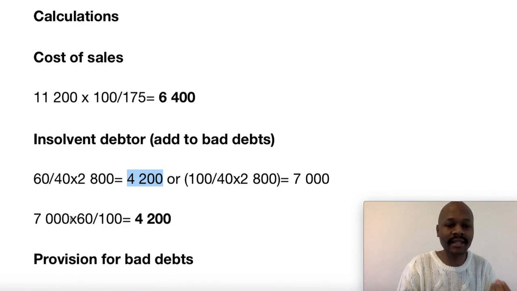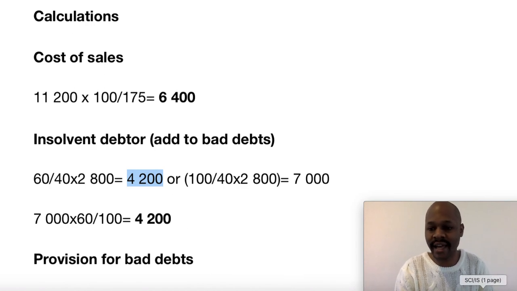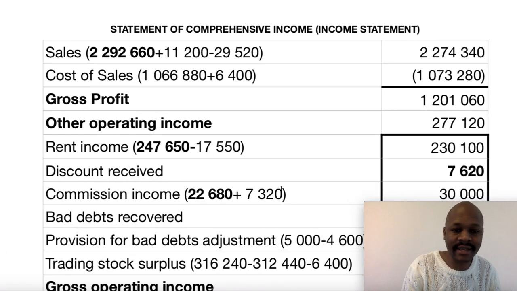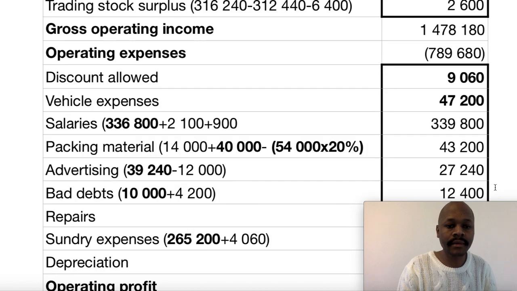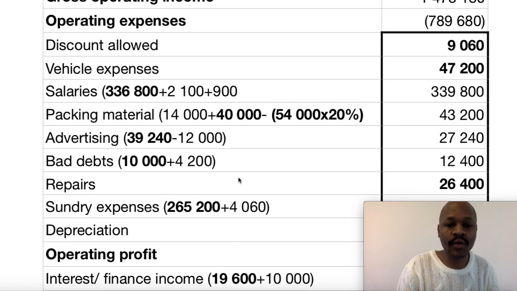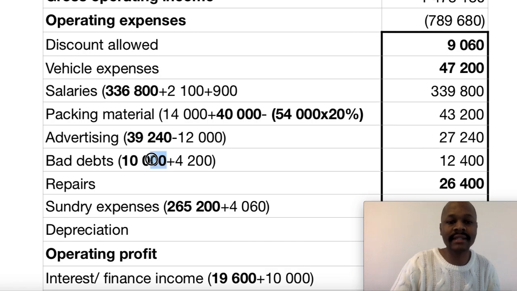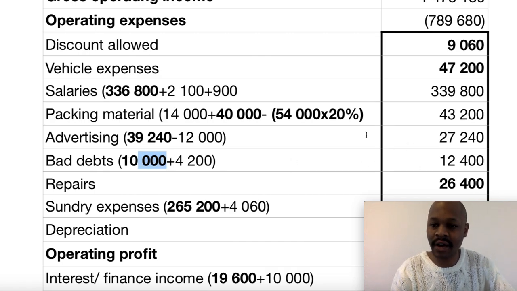You'll say 60 over 100 multiplied by 7,000. It gives you 4,200. That you'll add to your bad debts under our operating expenses. We were already given 10,000 there. So when you add the two together, they give you 12,400.